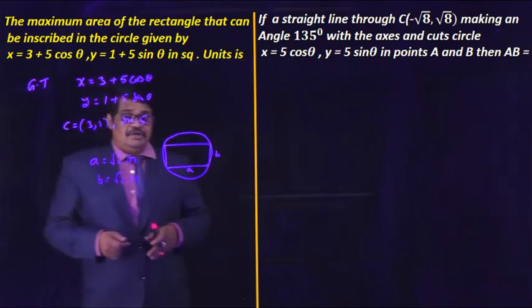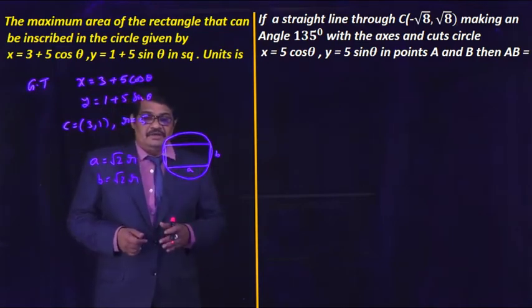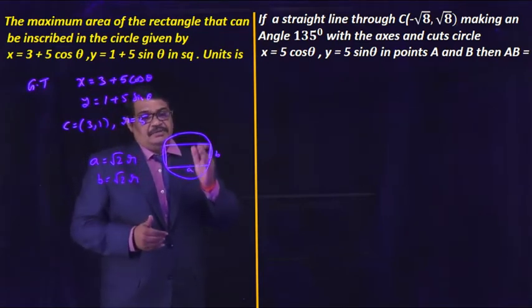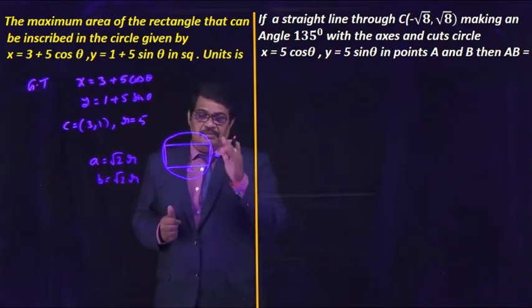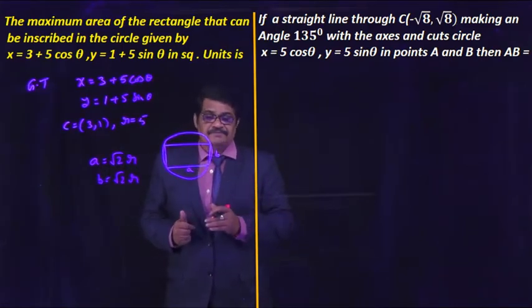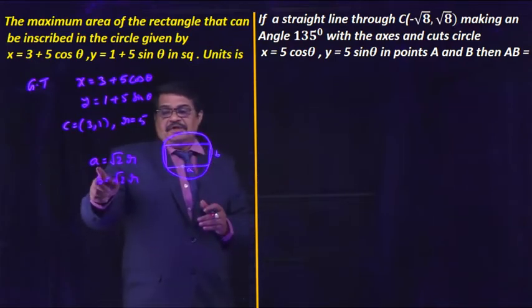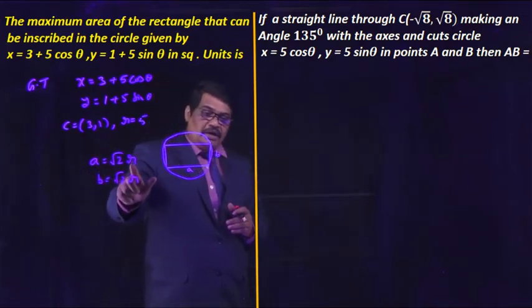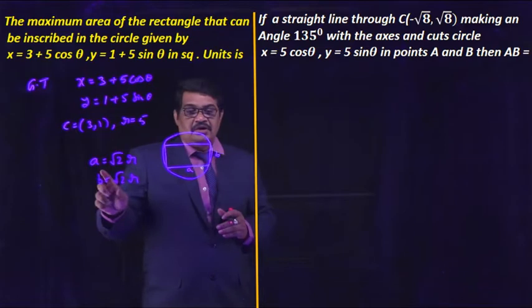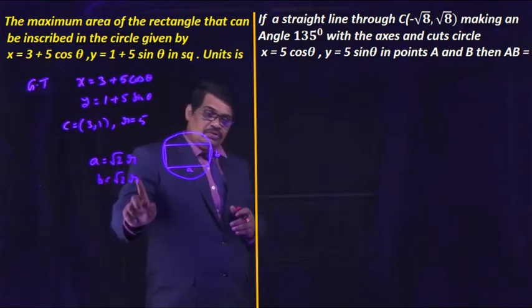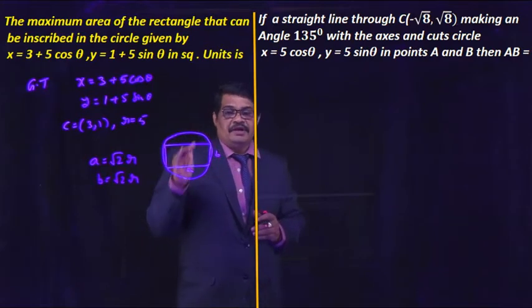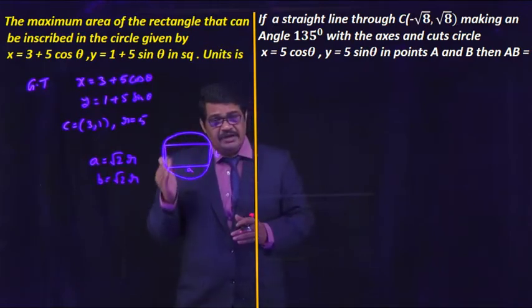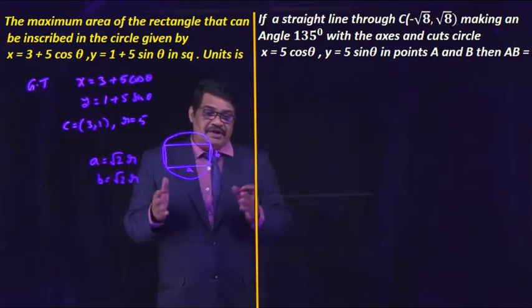These are the parameters of the rectangle inscribed in the circle. The maximum area of the rectangle that can be inscribed in a circle with radius r has one side root 2 r, where r is the radius of the circle, and another side B is root 2 r.